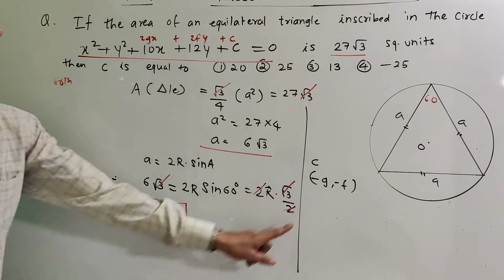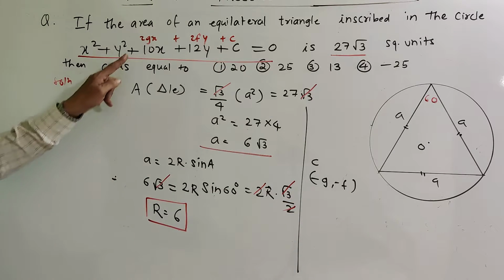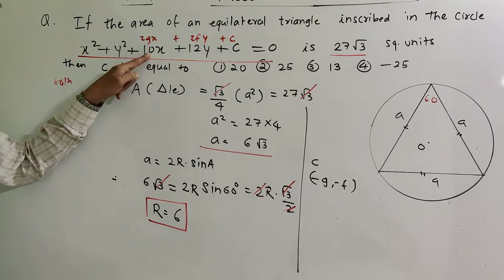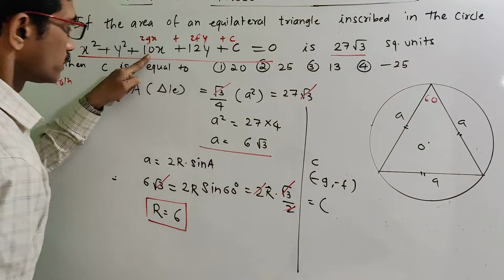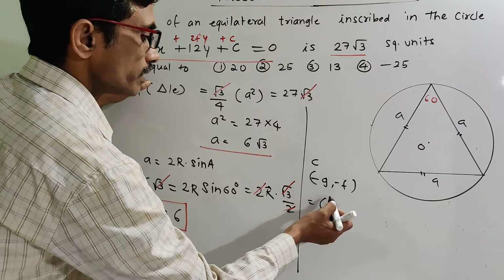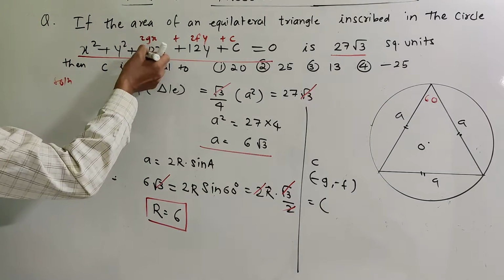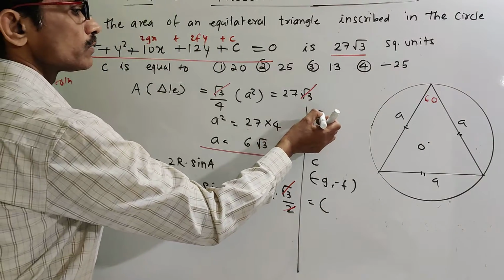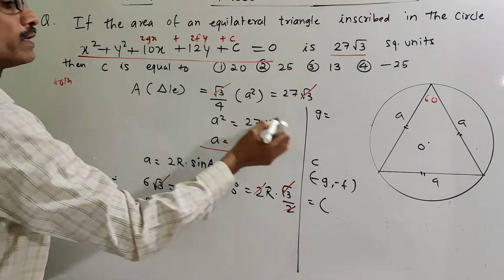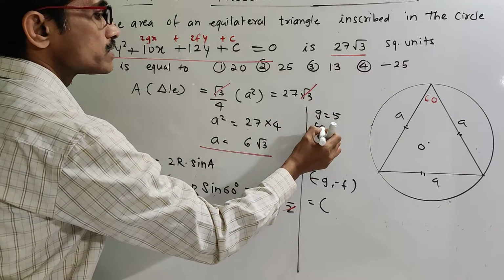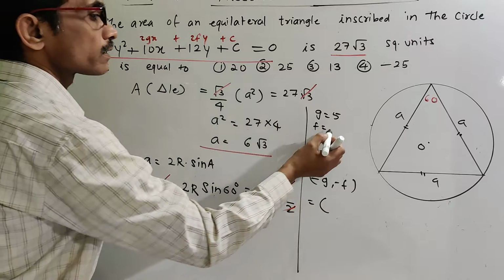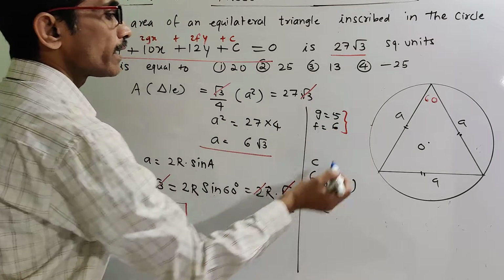So the center of the circle is (-g, -f), which is negative of half the coefficients. We require g and f, so g is equal to 5 here and f is equal to 6 here.